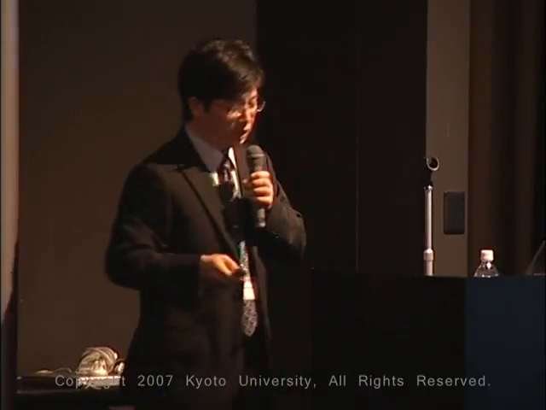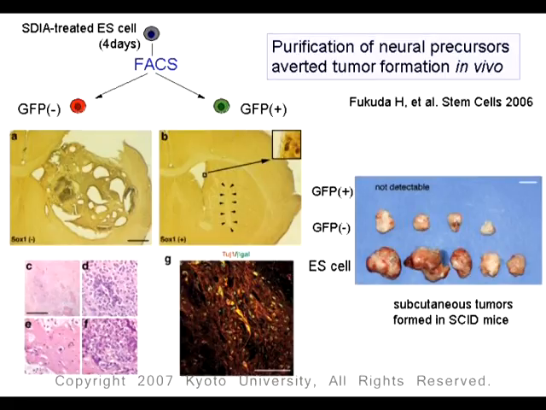Then we grafted these two populations into normal mouse brain. When we transplanted GFP negative cells into the normal mouse striatum, the cells frequently formed tumors, and histological examination shows these are teratoma-like.